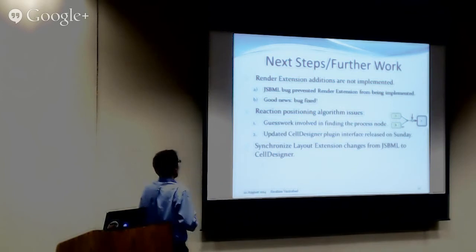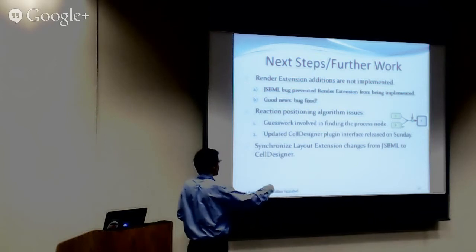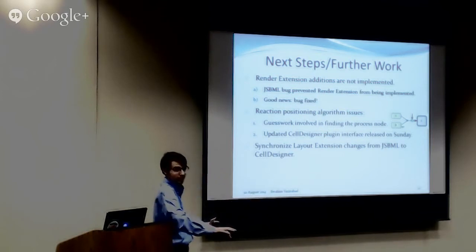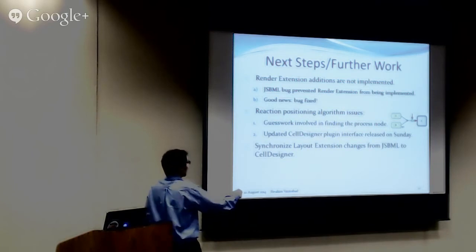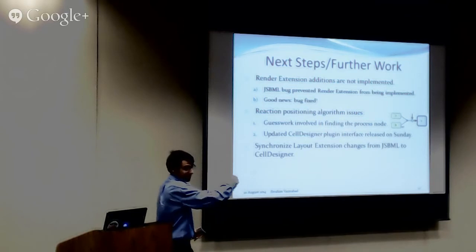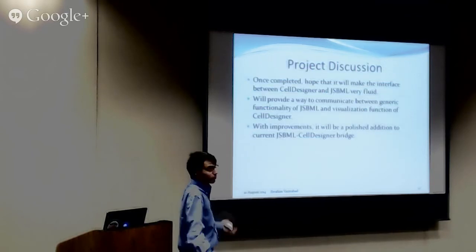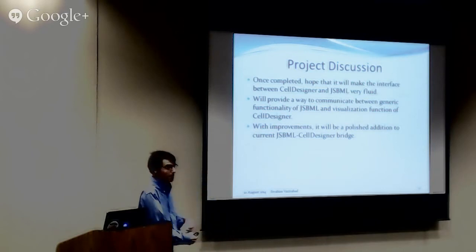And thirdly, as I mentioned, the synchronization from JSBML to CellDesigner only involves the core elements, no extensions. So we can synchronize the layout, and then the render, back to CellDesigner. Once this project is completed, we can get all the next steps completed.